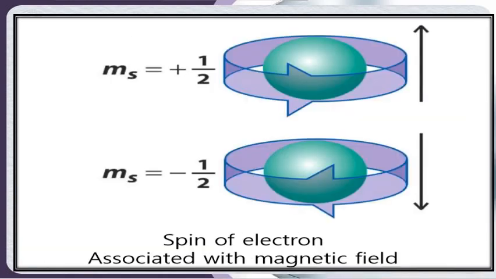Here it is given, if 2 electrons have to stay in one orbital, as I told you there are only 2 electrons in each orbital, they will stay there. If they have 3 quantum numbers the same, but the spin quantum number is different, then they can stay in one orbital, right?